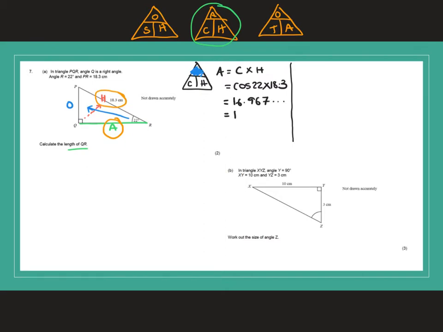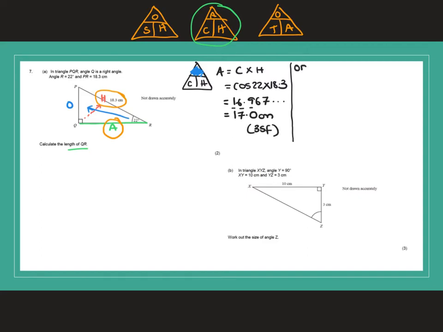The question doesn't actually ask me to round it to a particular degree of accuracy, in which case it's better to do perhaps 3 significant figures or 2 decimal places or 1 decimal place perhaps. So I'm going to say 3 significant figures, 1, 2, 3, which gives me 17.0 to 3 SF in centimetres.